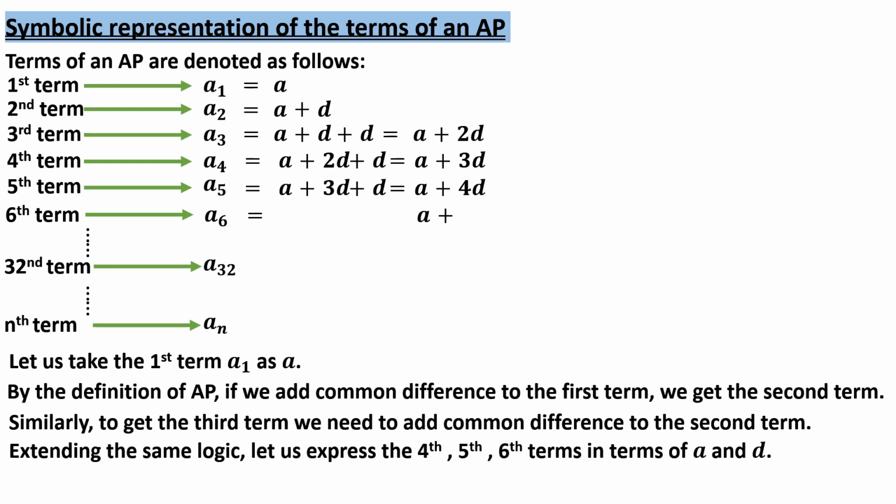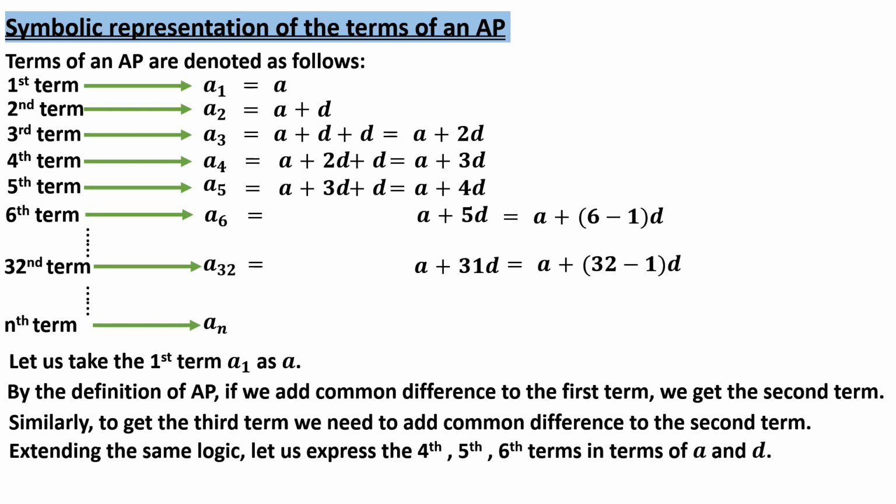Therefore, sixth term must be equal to a plus, 1 less than 6 is 5, 5d. Then 32nd term, this must be equal to, 1 less than 32 is 31, therefore, a plus 31d. Now, a plus 31d, 31 can be written as a plus (32 minus 1) into d.